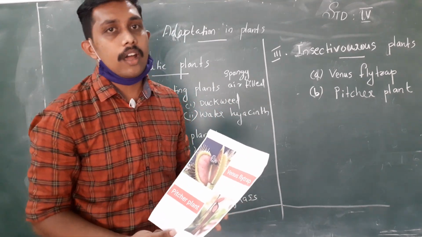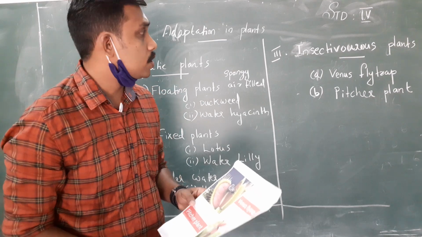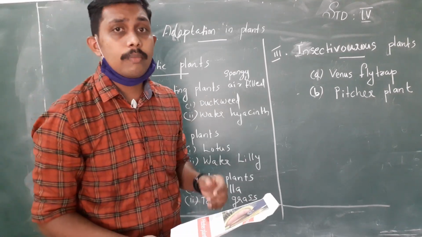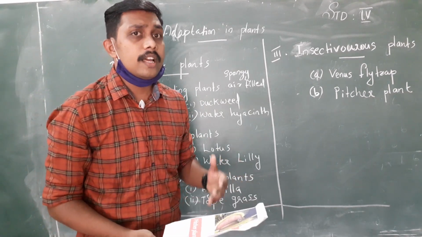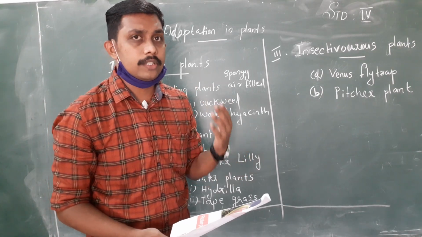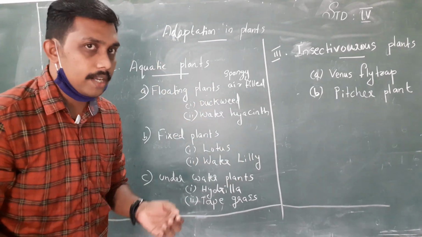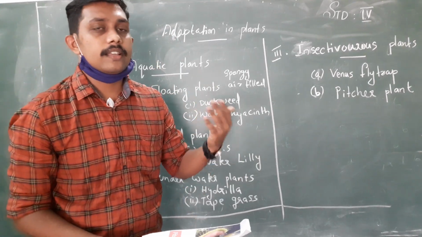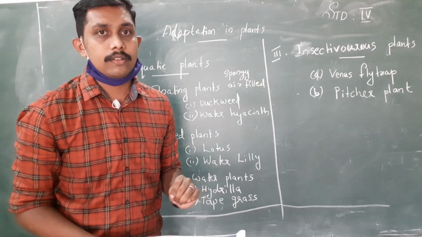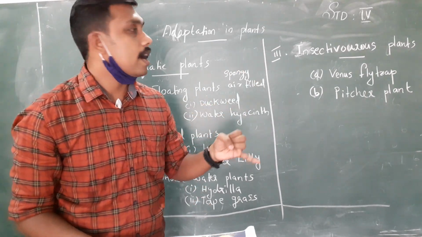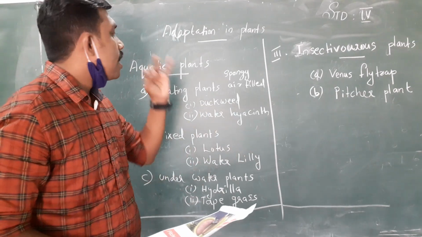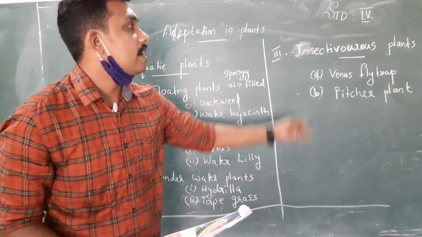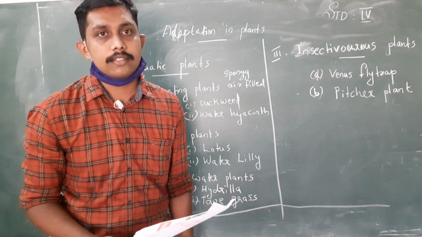So students, these are the main topics of our chapter. We discussed adaptation in plants, in which we covered three kinds of plants: terrestrial plants, aquatic plants, and insectivorous plants.